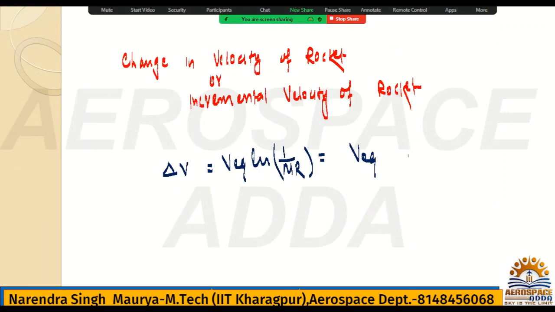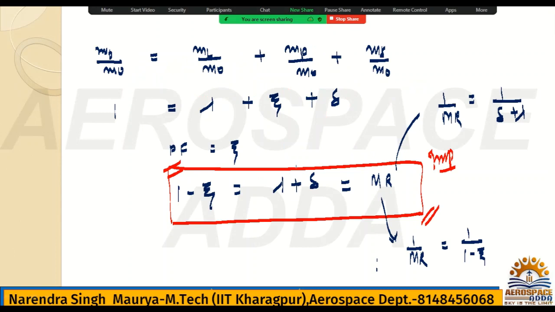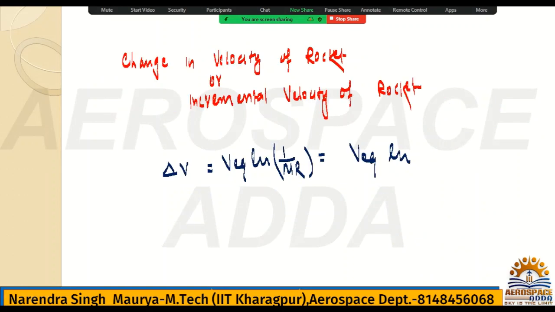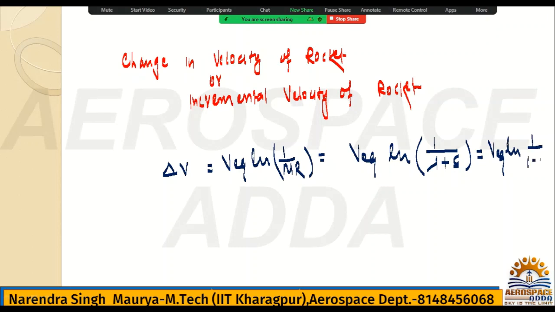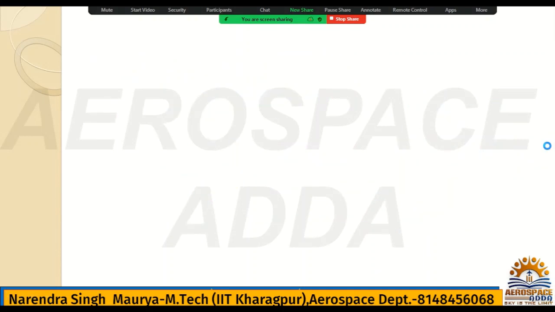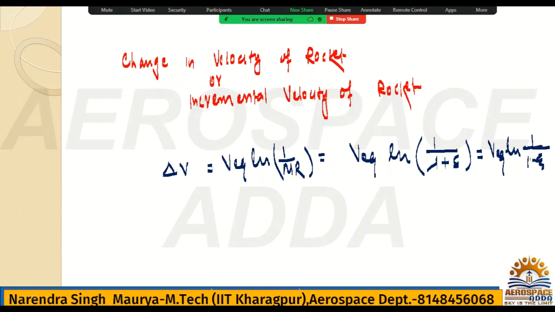So this one you can write 1 by mr is nothing but lambda plus delta. So they will give values in terms of this also, they will directly give lambda and delta. So if you know this formula, directly you can keep the values of lambda and delta and get the change in velocity. Okay, v equivalent of ln 1 minus zeta also, no? See this 1 by mr is 1 upon 1 minus zeta.